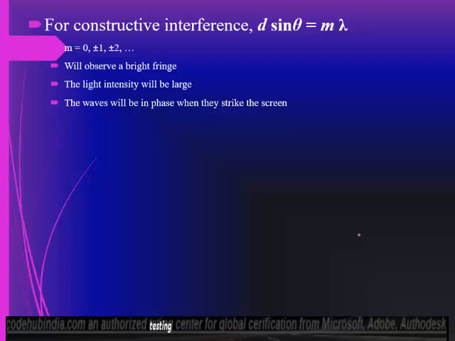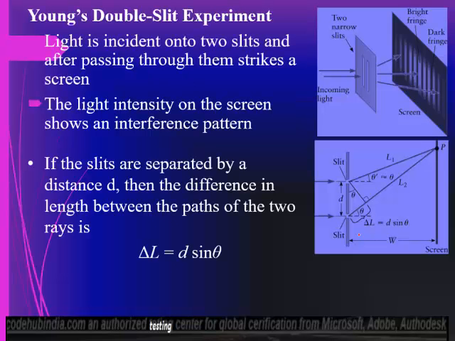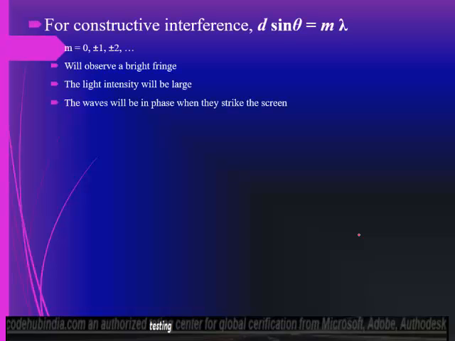For constructive interference, d sin theta equal to delta L. What we got is delta L, and delta L is m lambda, where m is 0, plus 1, minus 1, plus 2, minus 2.